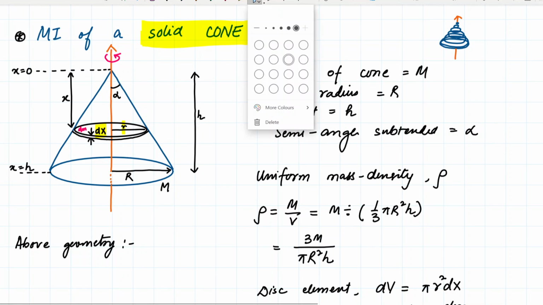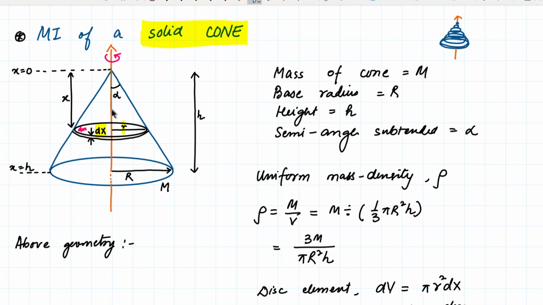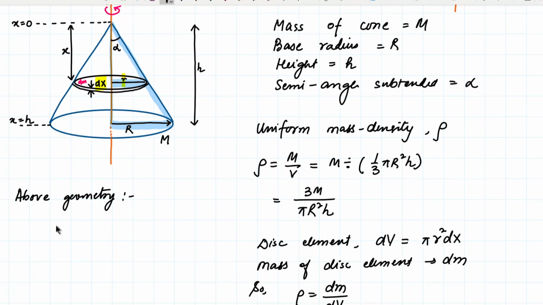If I consider these two triangles, first this triangle, and second this triangle, then I can say that r upon x is equal to capital R upon h.